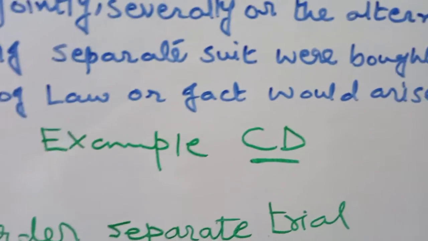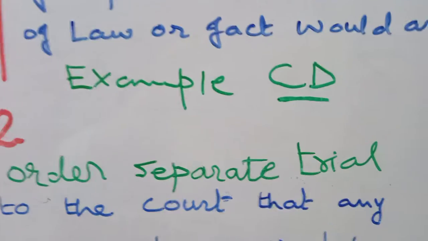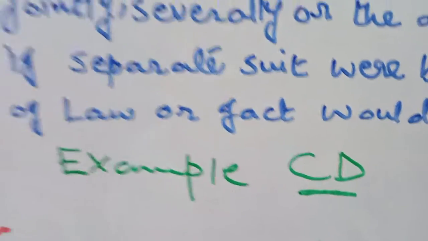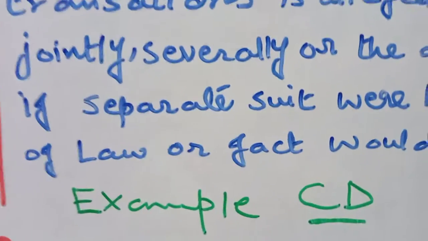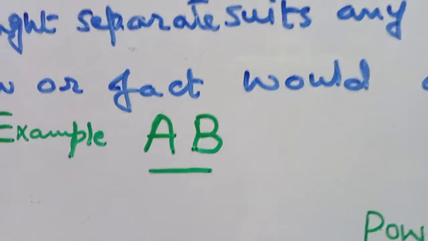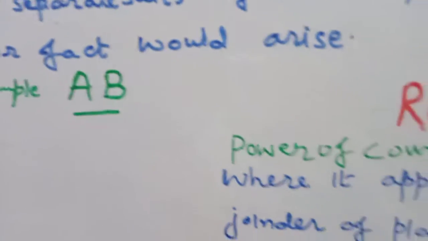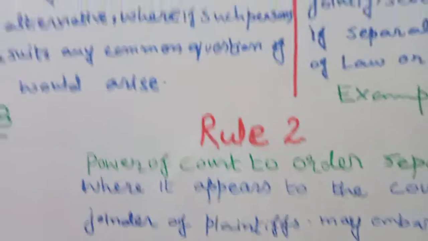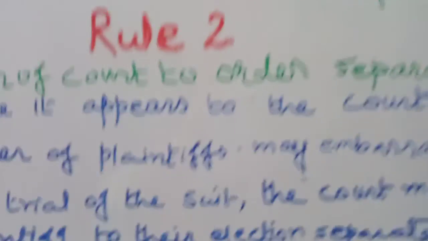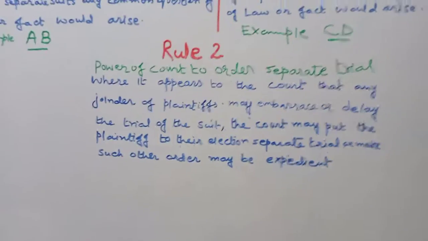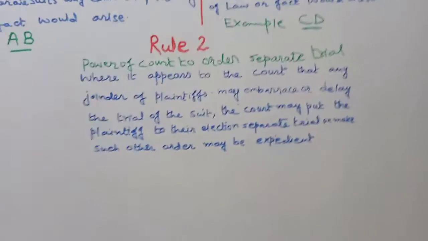The court will call through notice, then the procedure will start, then C and D will come and answer why they are not going to give a share, and after the order of the court C and D will definitely give the share of A and B, because A and B here are genuine in this case. Not all, but 90% of plaintiffs are genuine, 90%, because they come to the court.